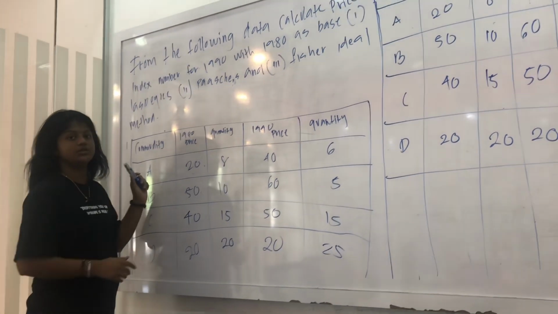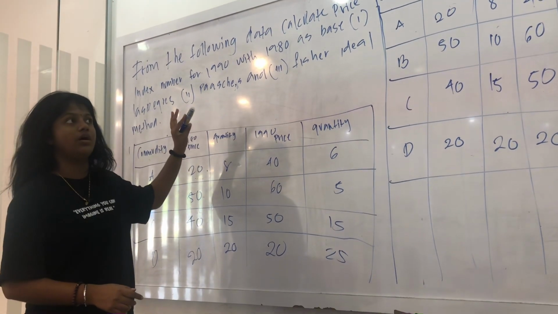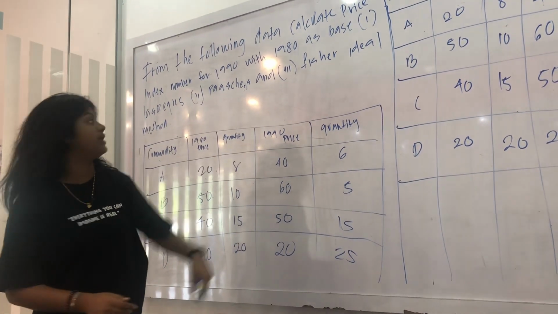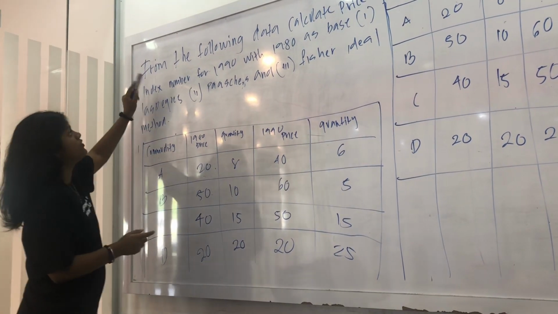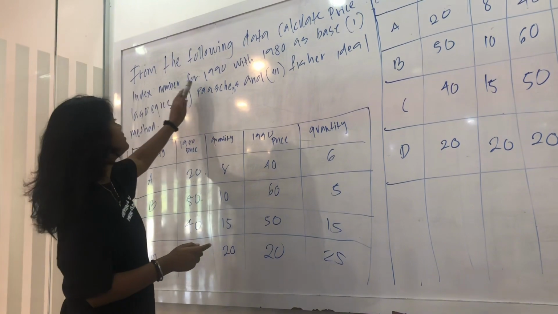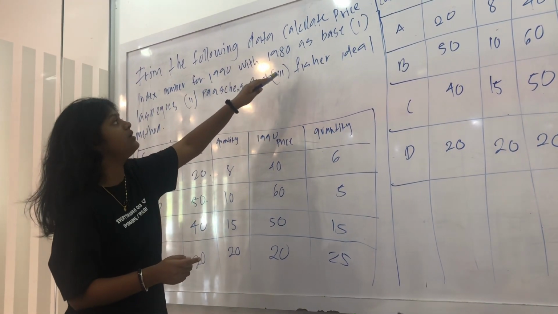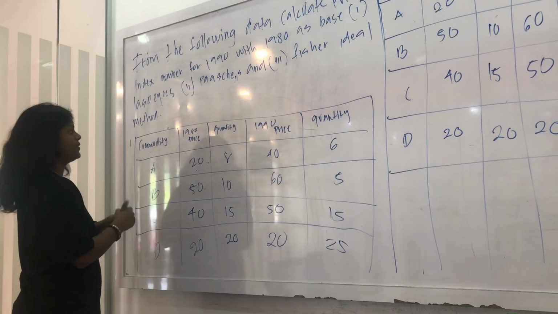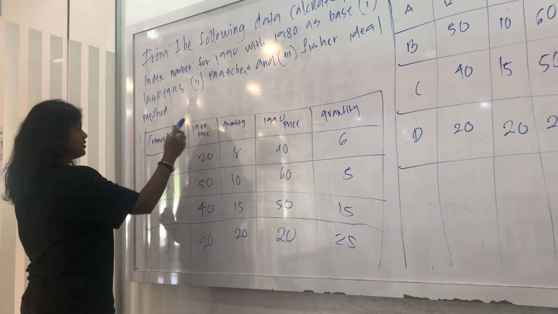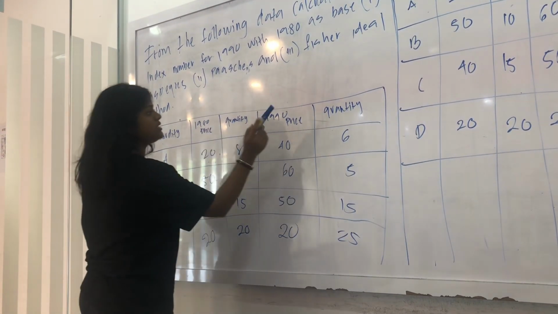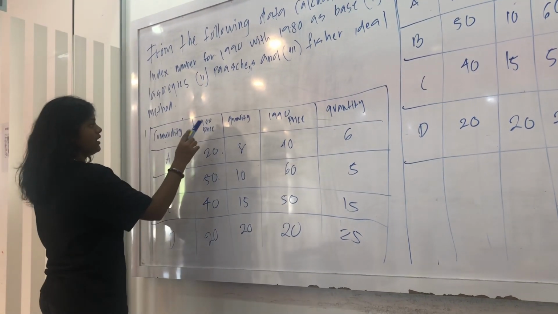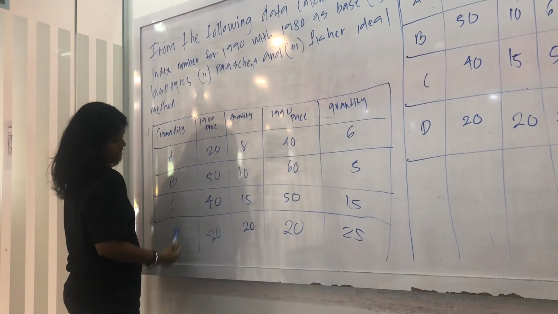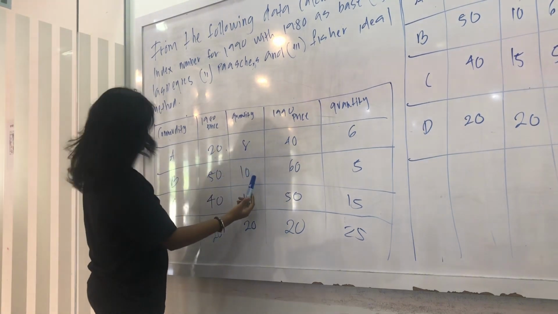The question is, from the following data, calculate the price index number for 1990 with 1980 as base using the Laspeyres, Paasche, and Fisher's ideal methods. Commodity A, B, C, D: the 1980 prices are 20, 50, 40, 20, and the quantity is 8, 10, 15, 20.